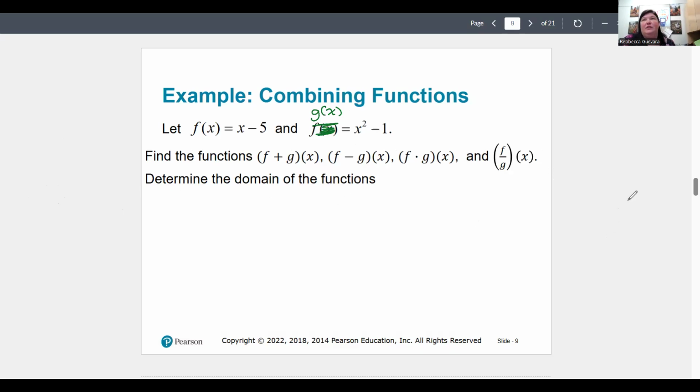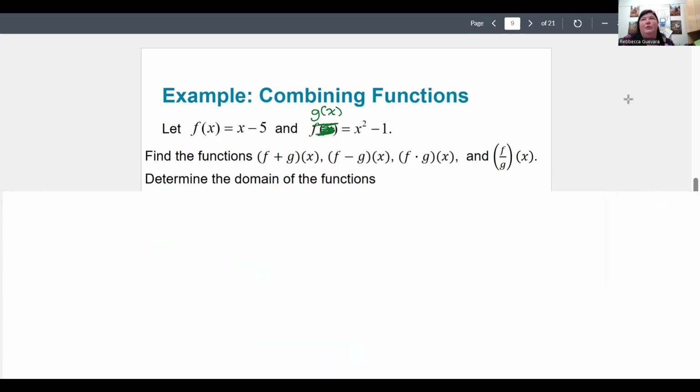So I'm going to give you a little trick for the domain. You could look for the domain of the function originally, because if you do, we would see that the domain here, let's write it off to the side. The domain of f of x, x minus 5.